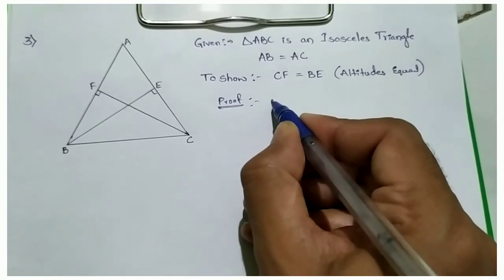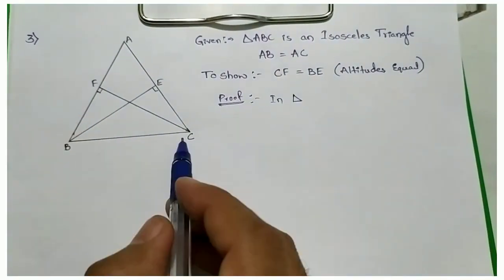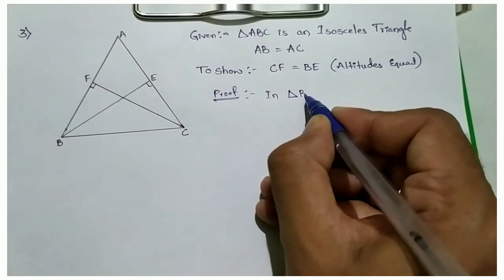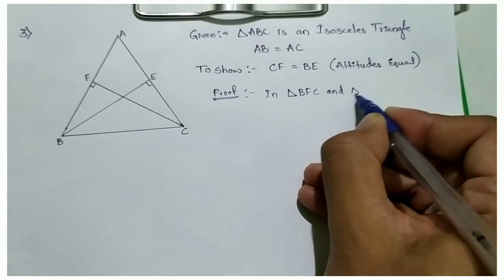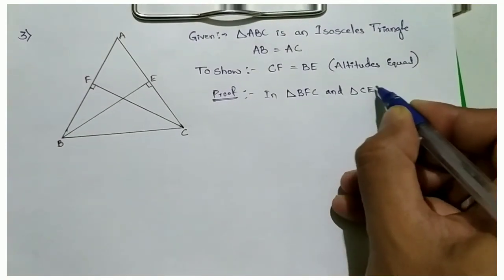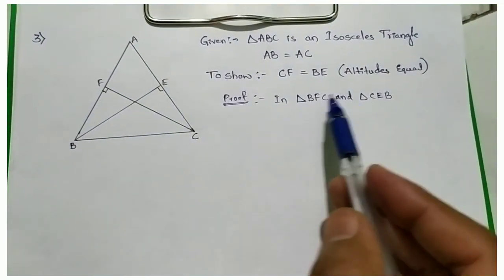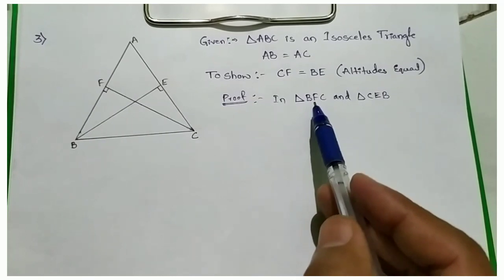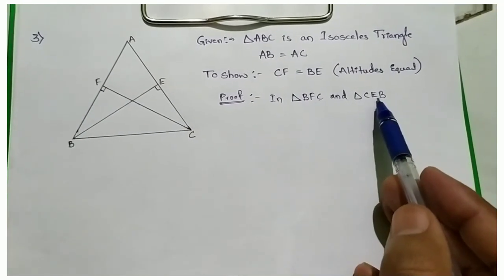So which are those? In triangle BFC and another triangle CEB. Why am I taking those two triangles? Because those two triangles include those altitudes also. See here, FC or CF, BE or EB.